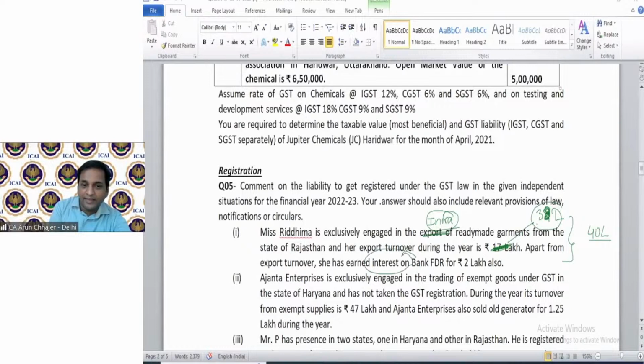My dear friend, interest is a service, not goods. Now my counter question: if interest is a service, then will the threshold limit not be 20 lakhs? Because we know that for 40 lakhs, he should be exclusively engaged only in goods. But now, one is goods, one is service. What would be the threshold limit, 20 or 40?